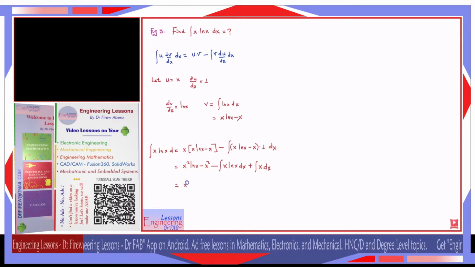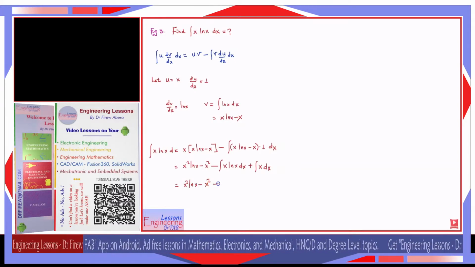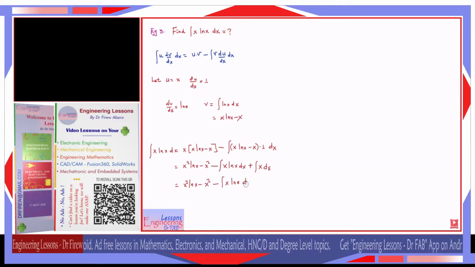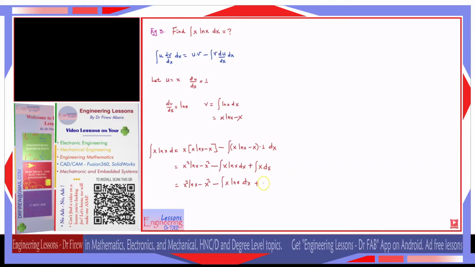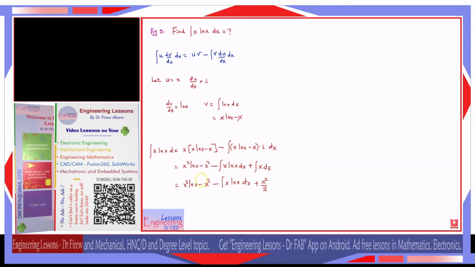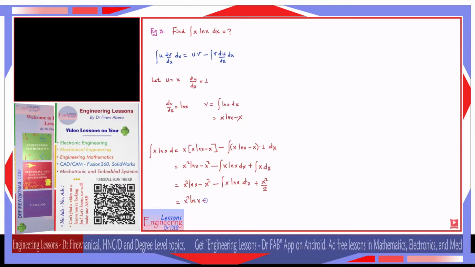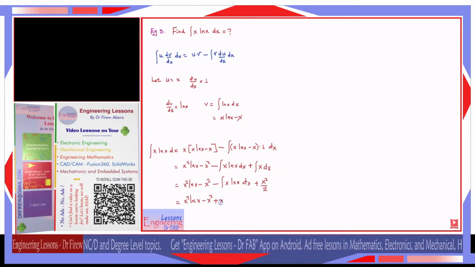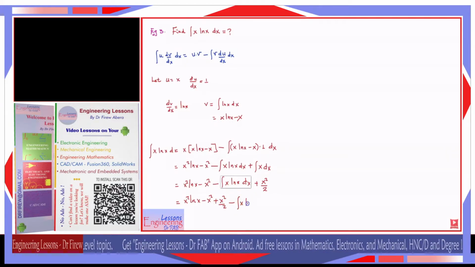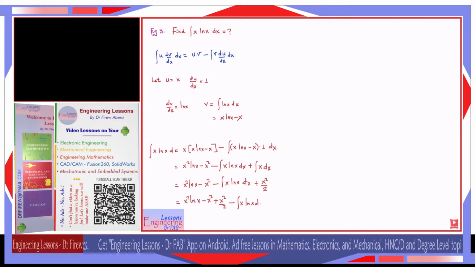Now this will be x squared ln x minus x squared minus the integral of x ln x dx plus integral of x is x squared over 2 plus constant. I'll choose that constant to be 0 for now, and x squared ln x minus x squared plus x squared over 2 minus the integral of x ln x dx.